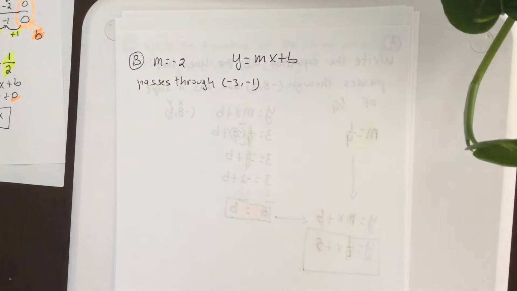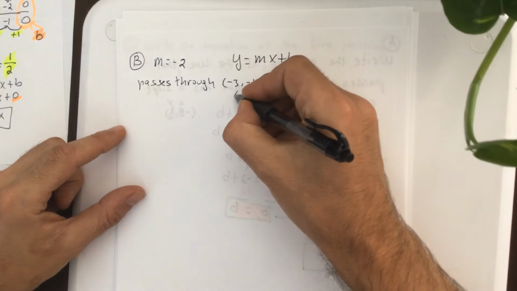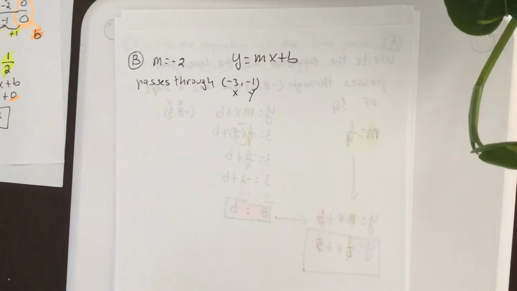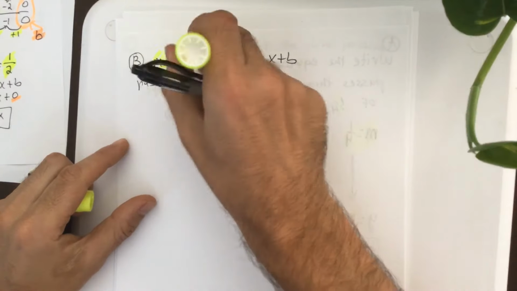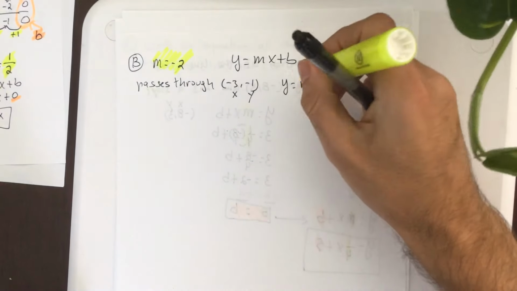All right, so let's go over it. See if you guys got the right answer. Again, we're using y equals mx plus b. Remember, this is my x, this is my y, and I got my slope. So I'm going to be putting it together. y equals mx plus b, remember that.